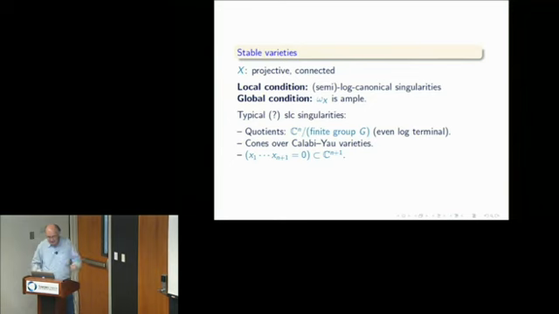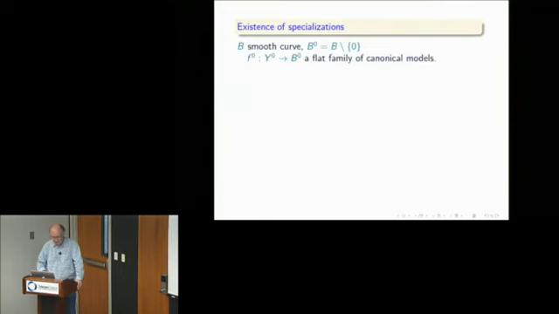I already mentioned that we have quotients by finite groups, and the cones over Calabi-Yau varieties, and a rather typical non-normal example is just the coordinate hyperplanes in C^(n+1). So again it's not surprising that these have to be allowed.